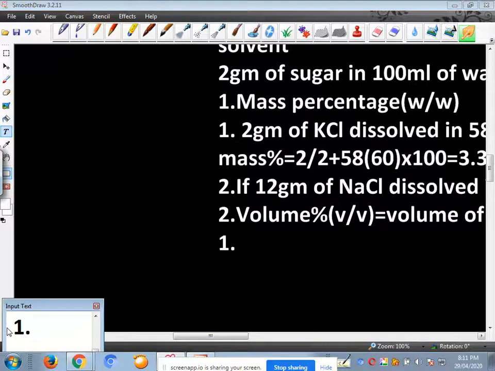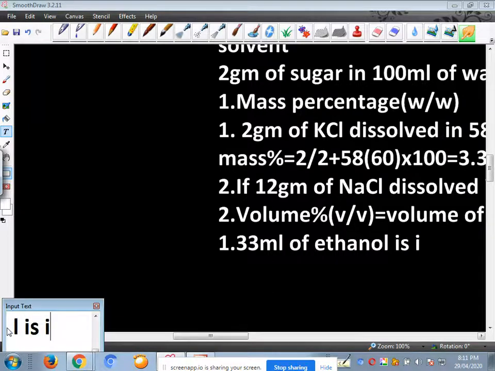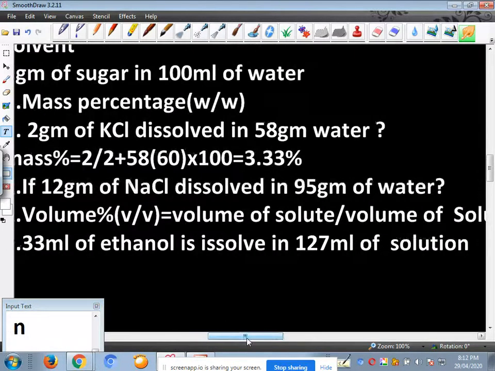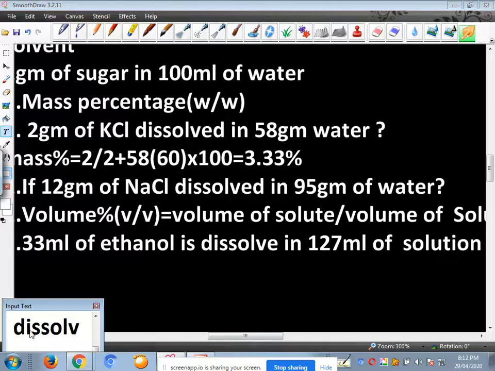Say for example, 33 ml of ethanol is dissolved in 127 ml of solution, right?